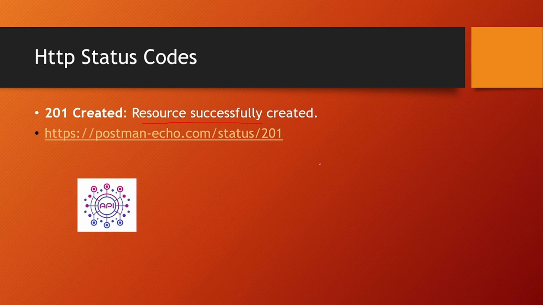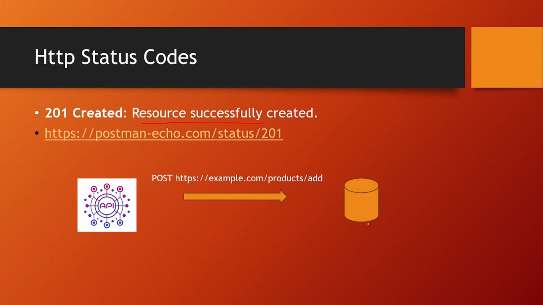So whenever an API is sending a request, for example this POST request to add a product to the server, the server will see that it has got a POST method, which means it has to do something with creation.